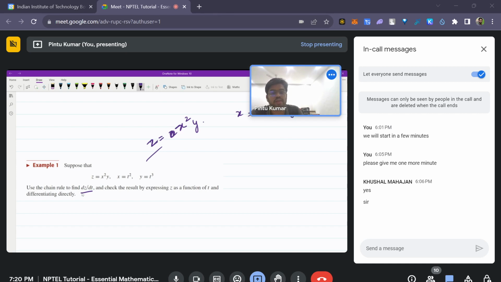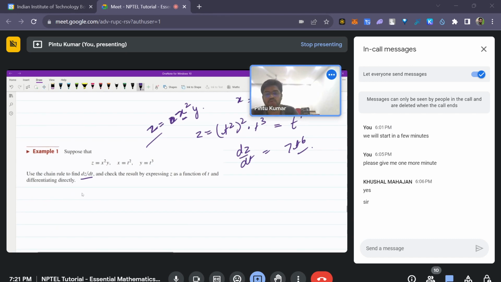So you can replace the value of x and y and obtain that z is t square squared into t cube, that is t to the power 7. So what is now dz by dt? This is 7t to the power 6. This is one way. Another way is via the chain rule that we discussed. So let's see if we get the same answer.